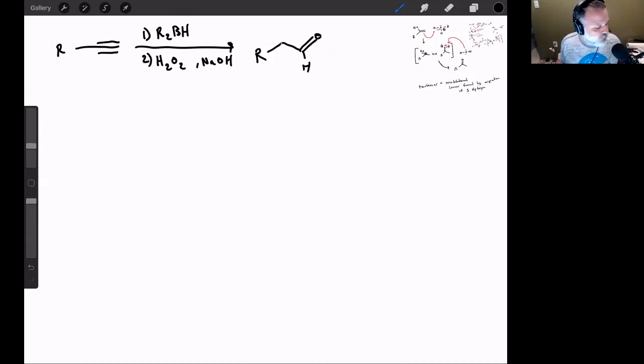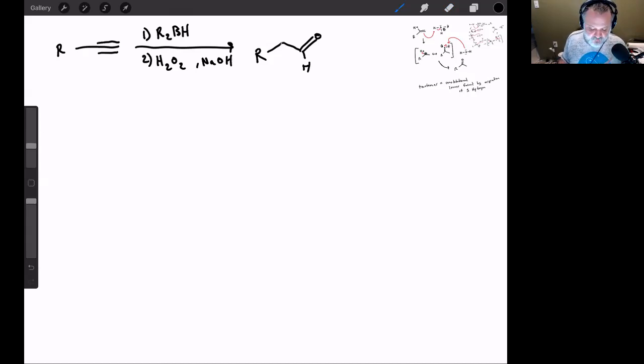And so I don't want to show you the mechanism that involves the intermediate parts, but what I want to do is show you the tautomerization mechanism.